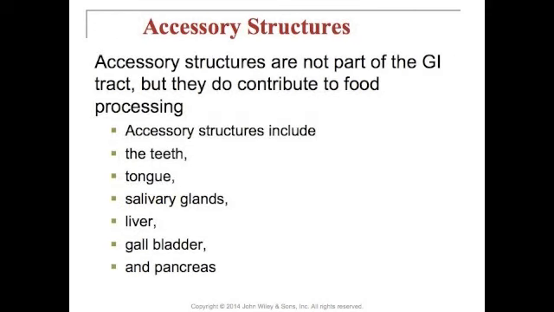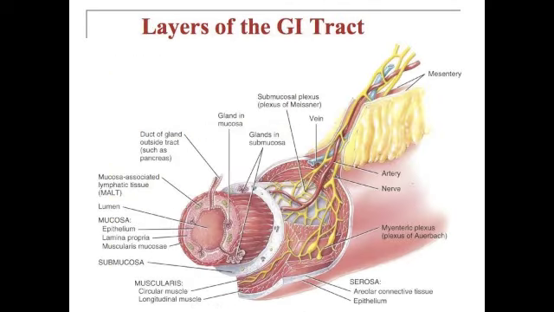Accessory structures are not part of the GI tract, but they do contribute to food processing. The accessory structures include the teeth, the tongue, the salivary glands, the liver, the gallbladder, and the pancreas.